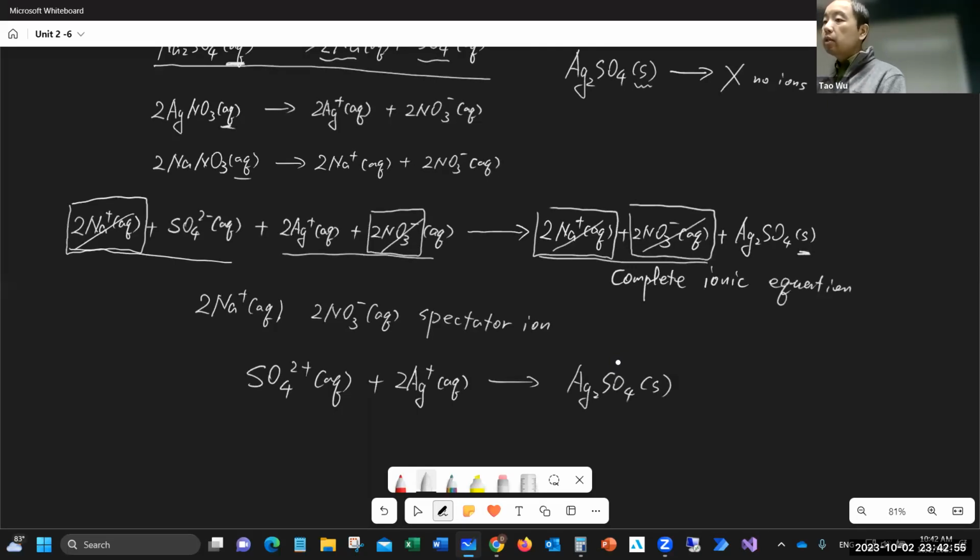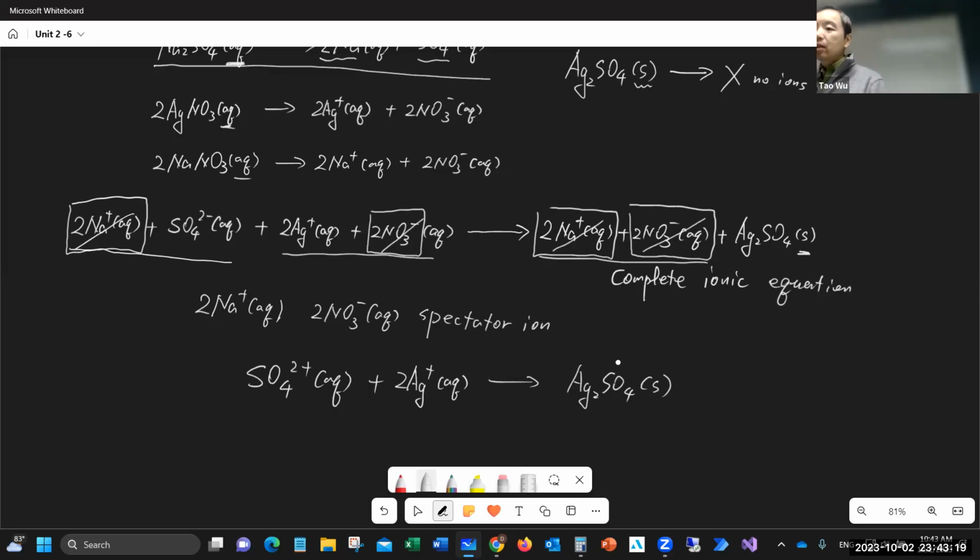This is exactly what is happening in the reaction. A precipitate is just one ionic compound. So really it is just the cations and anions combining together, making the solid. The other ions, like sodium and nitrate, didn't do anything.